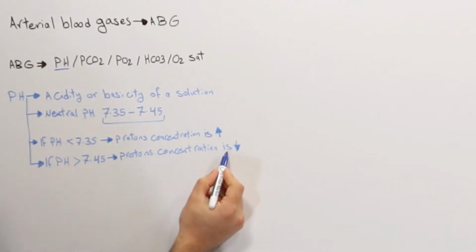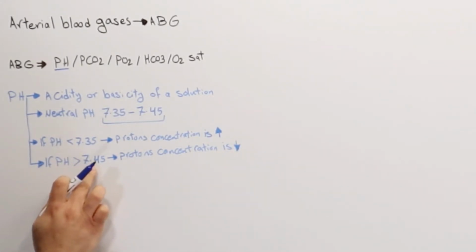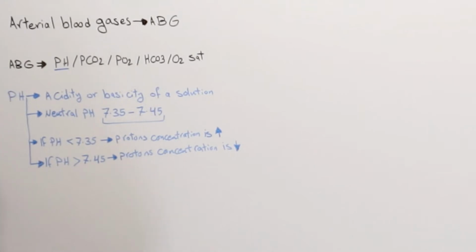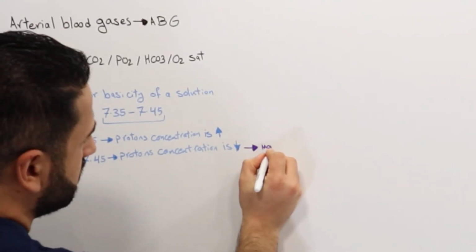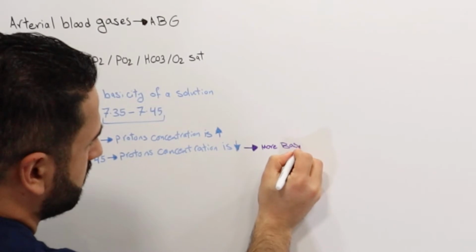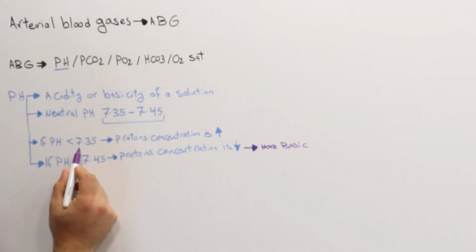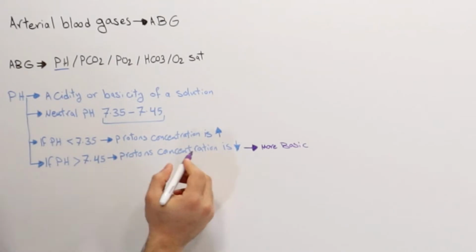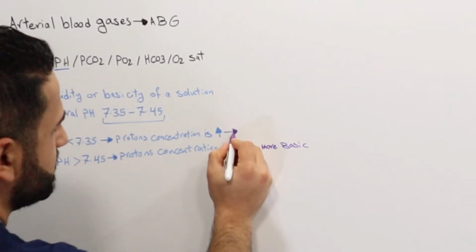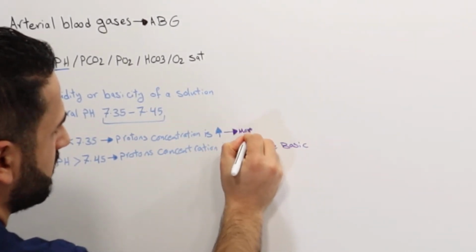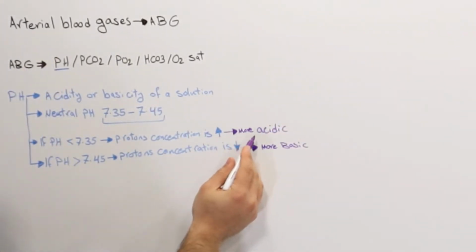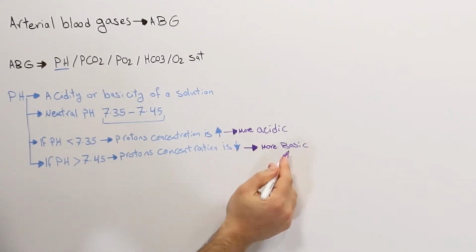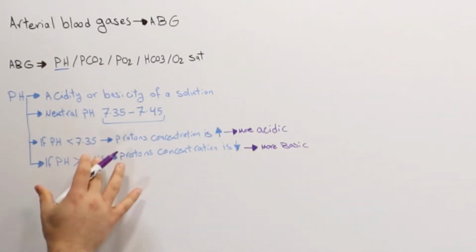So because pH is going over 7.45, the solution is becoming more basic. Because it's decreasing below 7.35, the solution is becoming more acidic. Depending on how the pH is moving, it's going toward acidity or toward basicity.